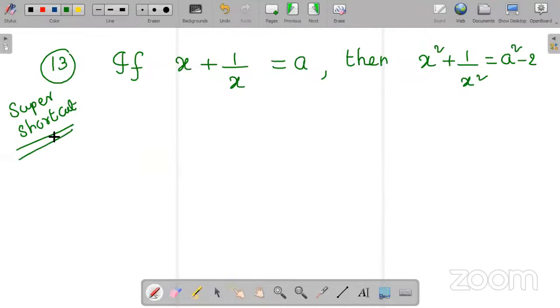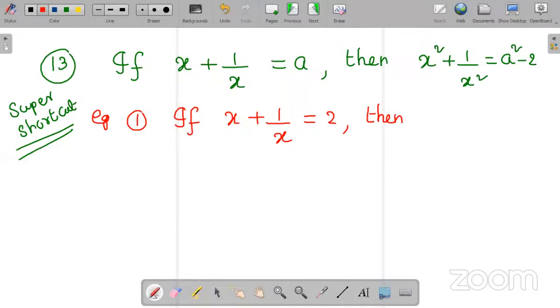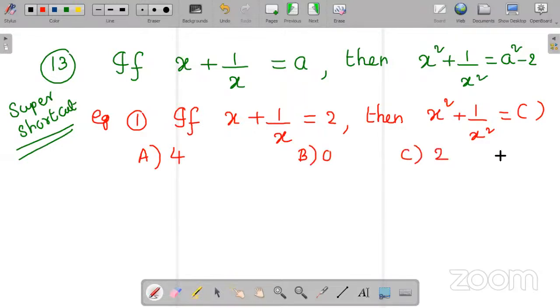So now let me give one problem. Example. If x plus 1 by x is equal to 2, then x square plus 1 by x square is equal to: option A 4, option B 0, option C 2, option D 8.